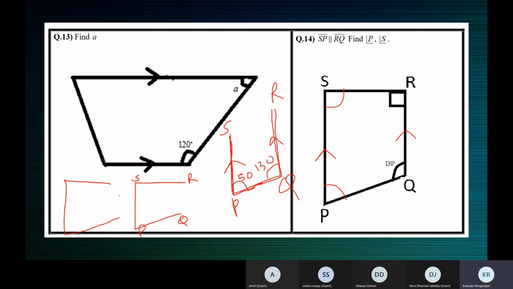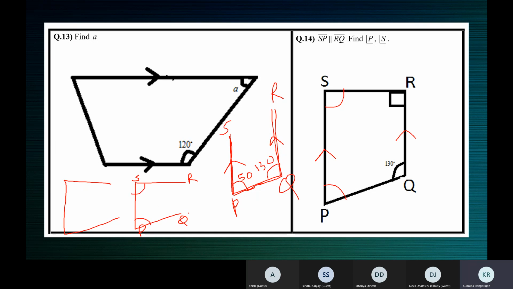In the earlier figure, you can find angles R and Q. But in this figure, PQ and SR are the two lines. RS and QP are the two lines intersected by a transversal SP. So the angles formed are only these two angles.